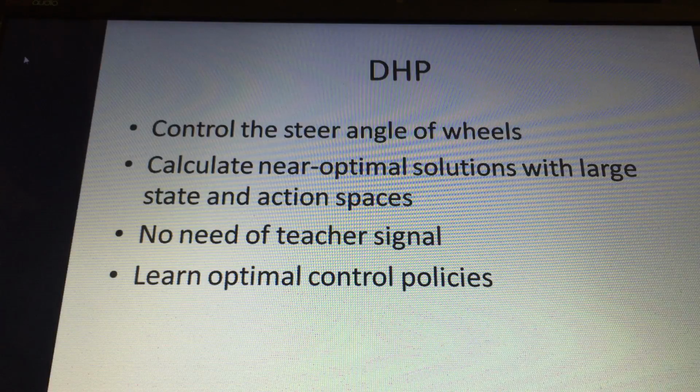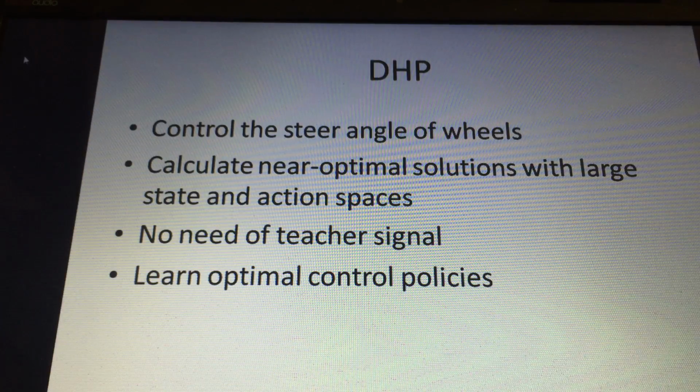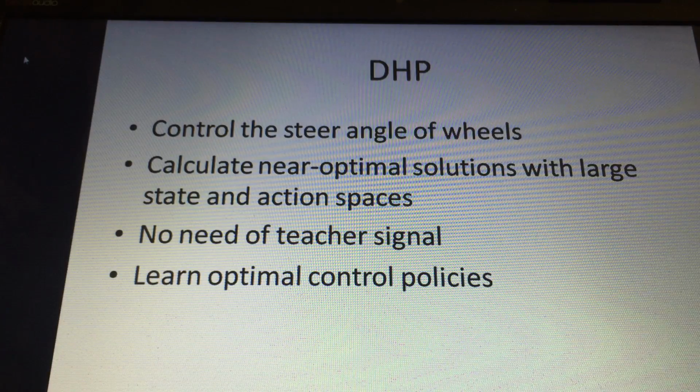It's not exactly the optimal solution for all of the states. Compared with the other methods, during the interactions with the environment, the DHP algorithm does not need the teacher's signals. It will learn the optimal control policies by itself.